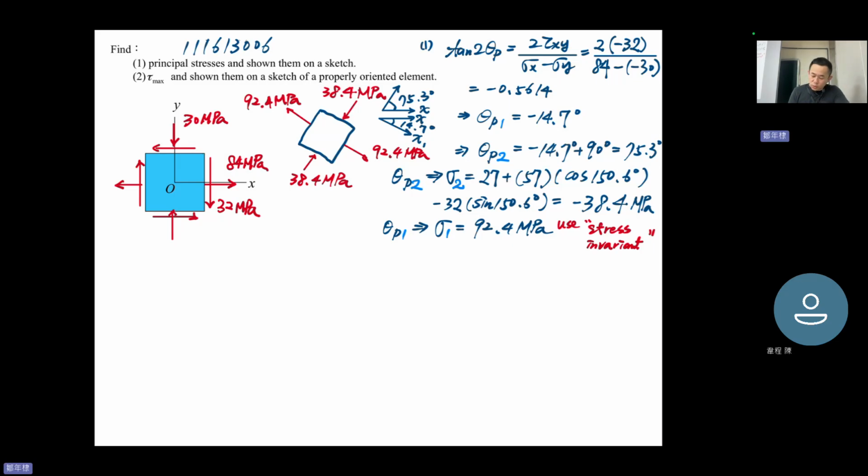So this can be your focus plane for minus 14.7 degree, or you can say this one is your focus plane for the 75.3 degree. Both of them are okay. Okay, so yeah, that's the stress element.